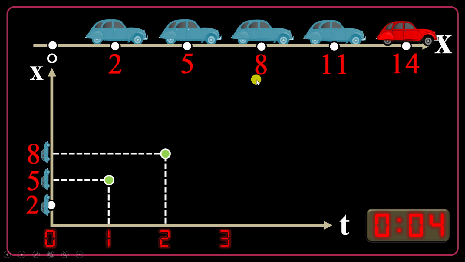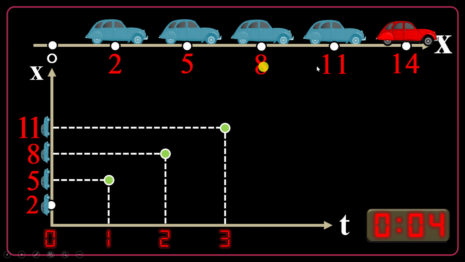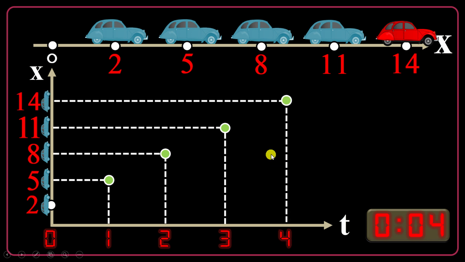Then t equals 3, in which the car is at x equals 11. And finally, I see it's at x equals 14 at t equals 4. So finally, I will have 1, 2, 3, 4, and 5 data points, meaning that each point indicates a time, a moment, and a position.